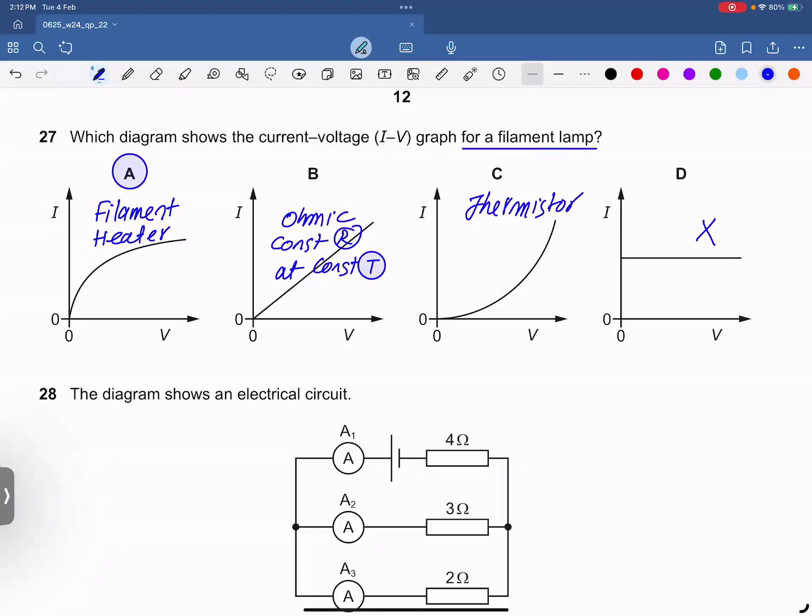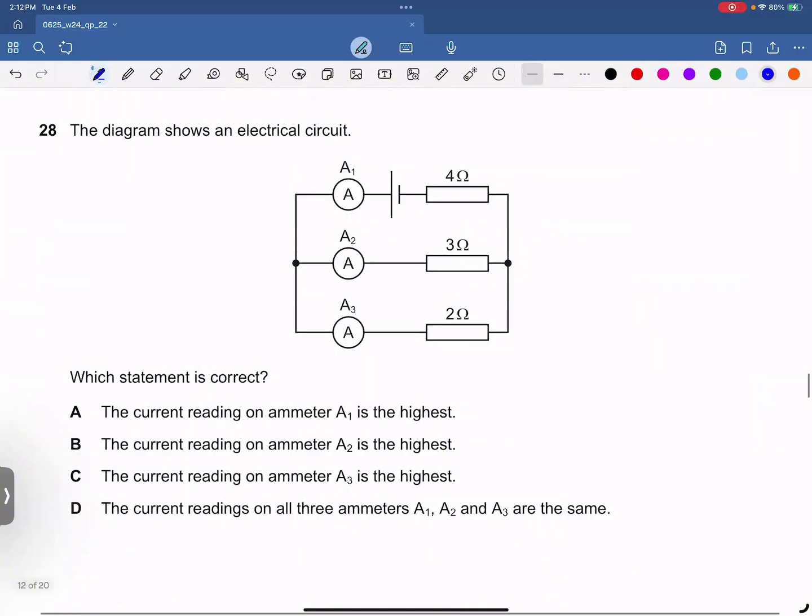Question number 28. The diagram shows the electrical circuit. Which statement is correct? In the previous variant, I told you the current which is next to the battery is the maximum, the total. And then it is distributed here and here. Current entering is current leaving.